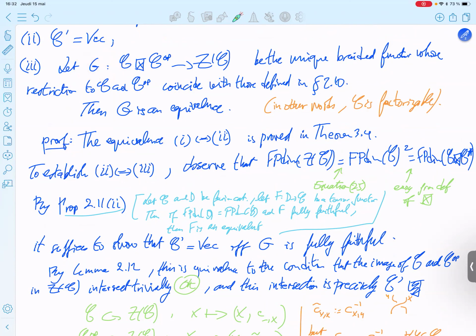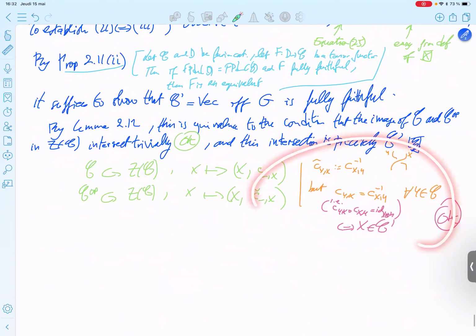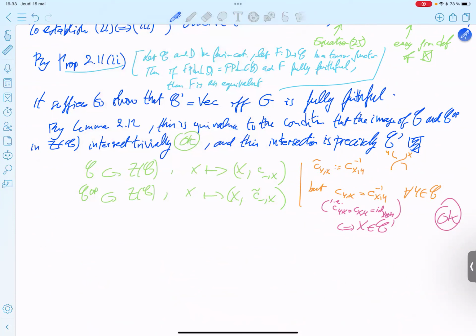Are they wanting to say it is evident as a braided functor? So I will just explain. In fact, for a very similar reason, which is written here, the embeddings of C and C op centralize each other. So let me write the sentence and then write my question. And then I will explain why they centralize each other.